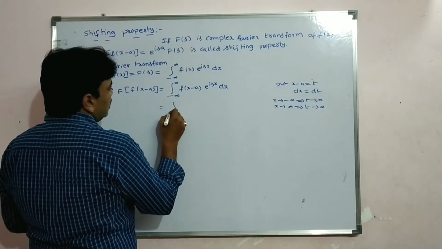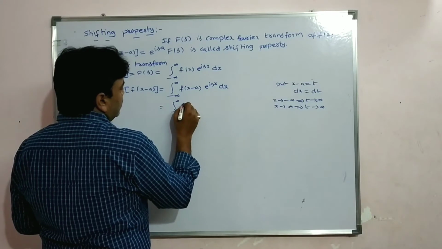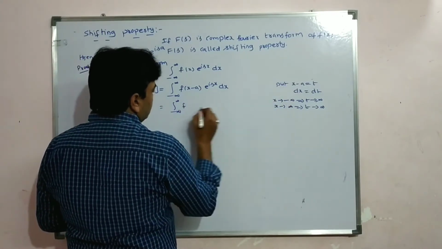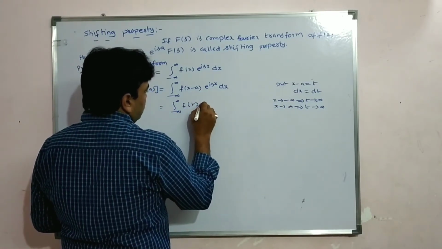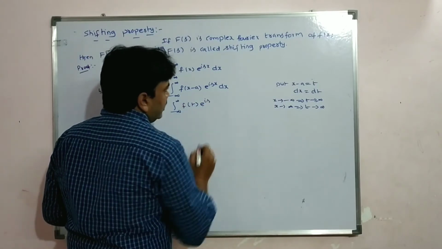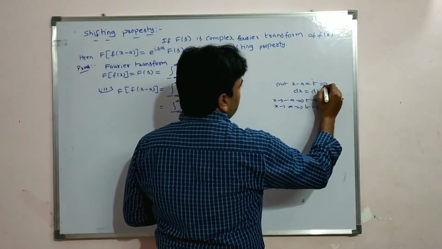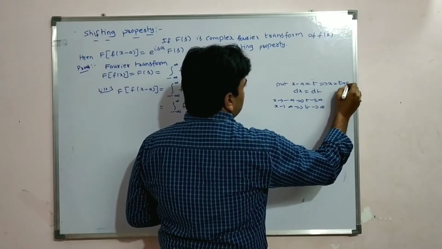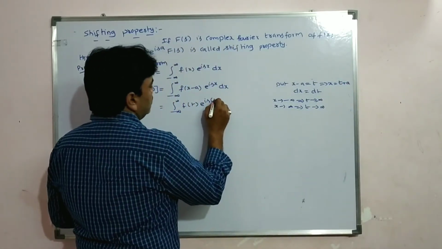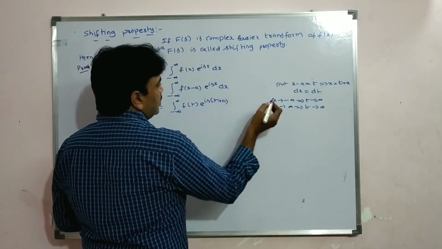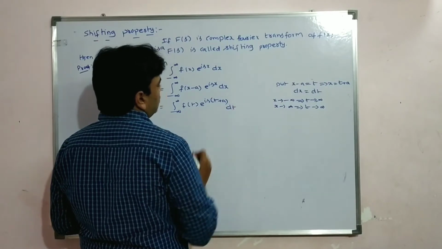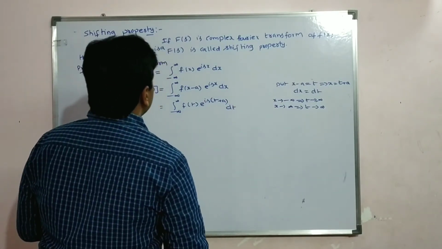So the integral from minus infinity to infinity of f of t e power isx. Here the x value is t plus a, and the dx value is dt.